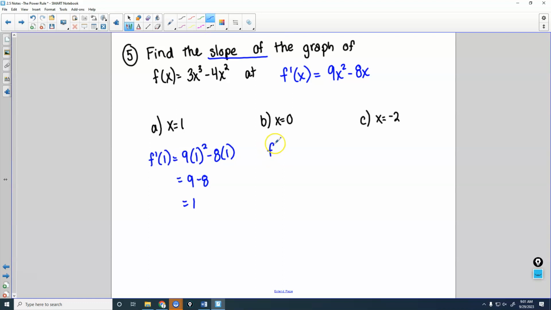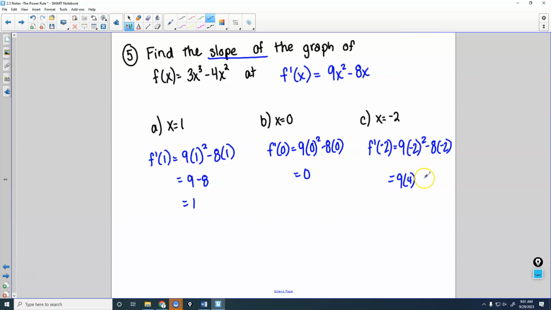At 0, we would just plug in 0. So we would get 9 times 0 squared minus 8 times 0, which will give us 0. And for -2, we would just plug in -2. And we would get 9 times -2 squared minus 8 times -2. And so that would give us 9 times 4.